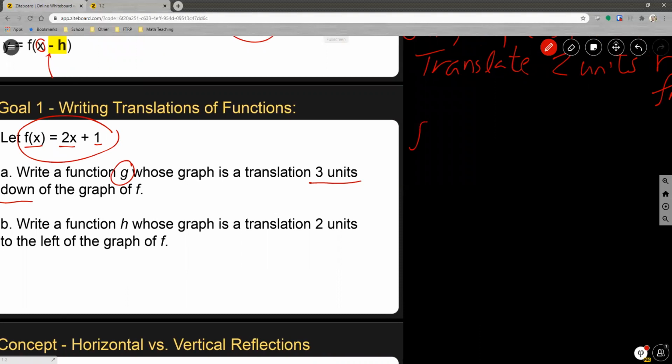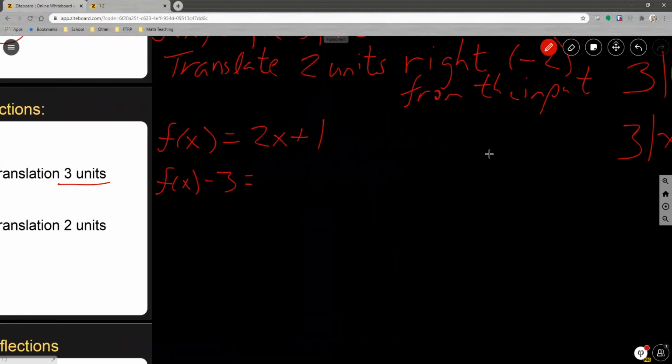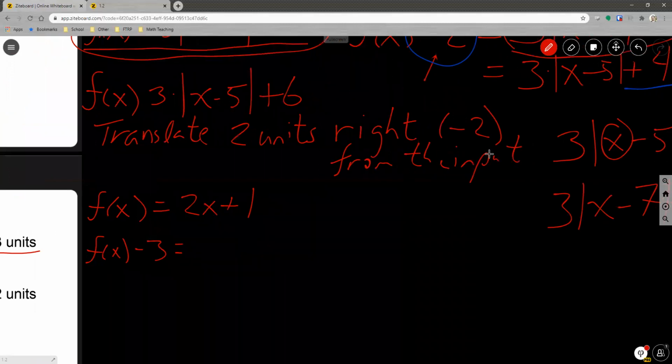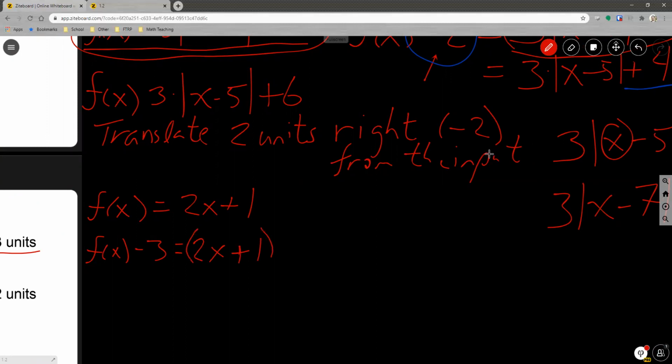So all I'm doing is f of x equals 2x plus 1. And to create g of x, all I'm doing is taking f of x and subtracting 3. In this case, it's going to be 2x plus 1, that's my original function, minus 3.